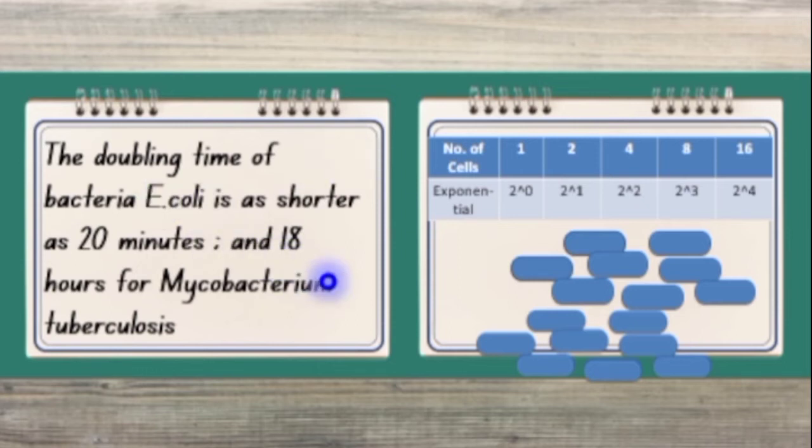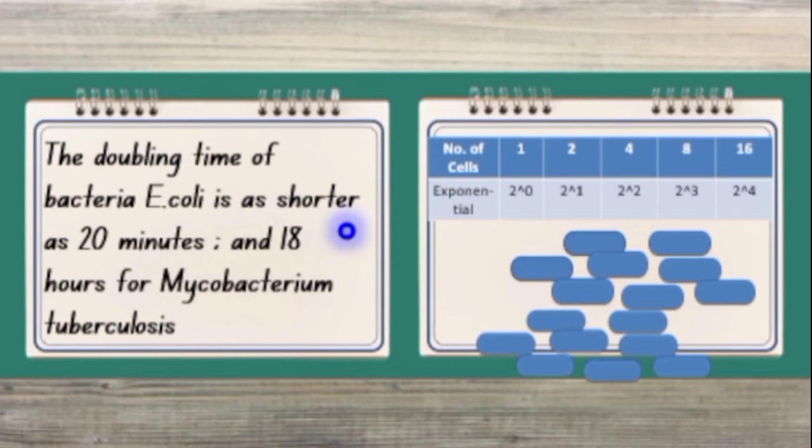Now, in the case of Mycobacterium tuberculosis, its doubling time is 18 hours at maximum. Doubling time means the time in which the number of these bacterial cells will double in number.